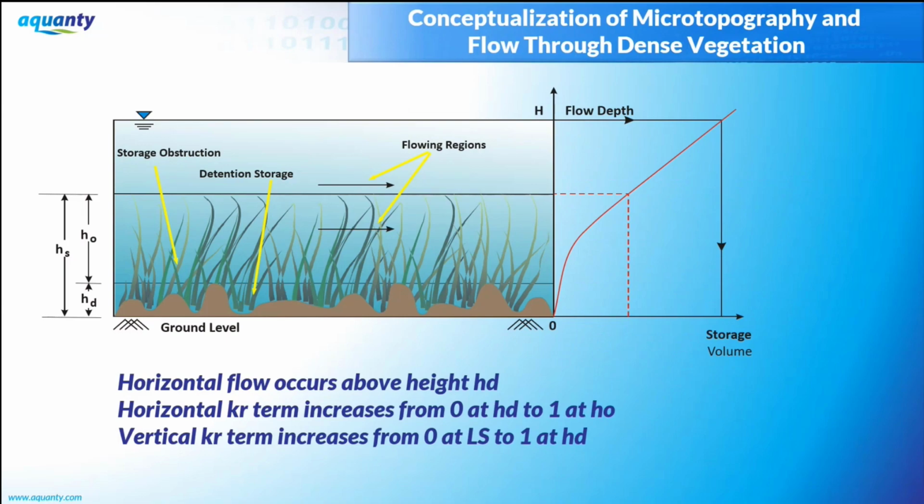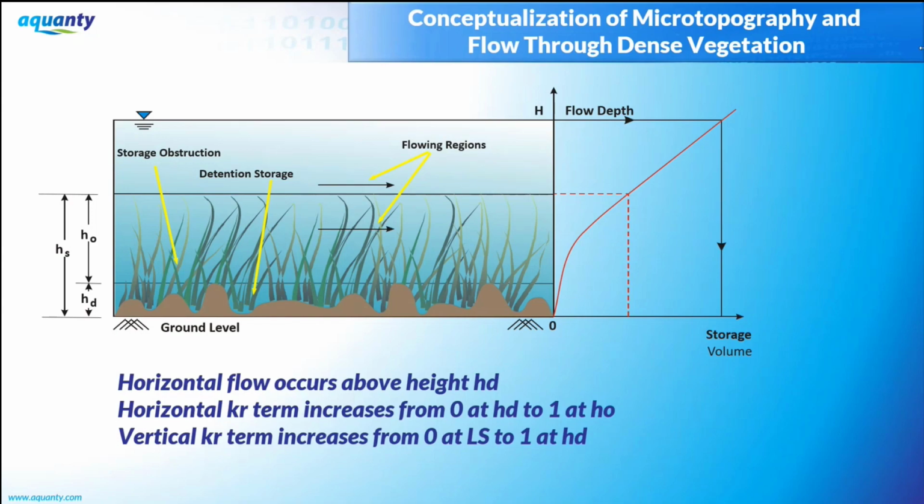A couple of little details which are interesting and very useful: the conceptualization of microtopography and flow through the vegetation on the land surface. I won't go through all of the details, but you can see the brown, undulating topography, let's say within an element, that forms an impedance to horizontal flow until the water level rises above the height of that microtopography.